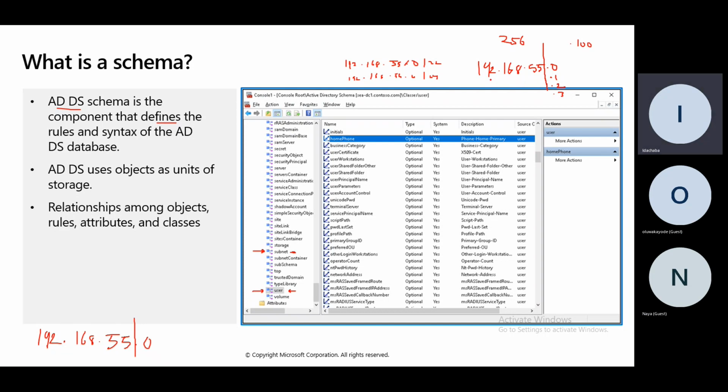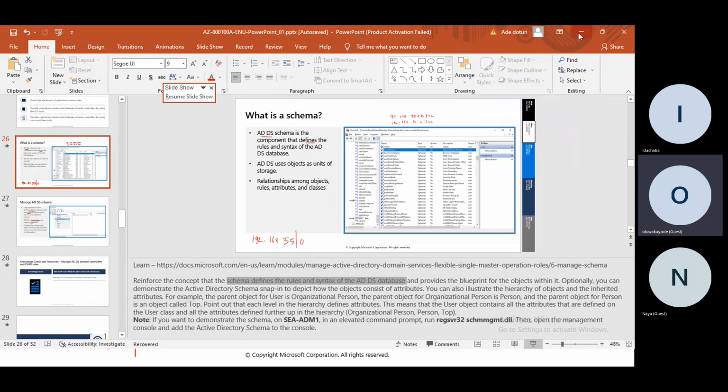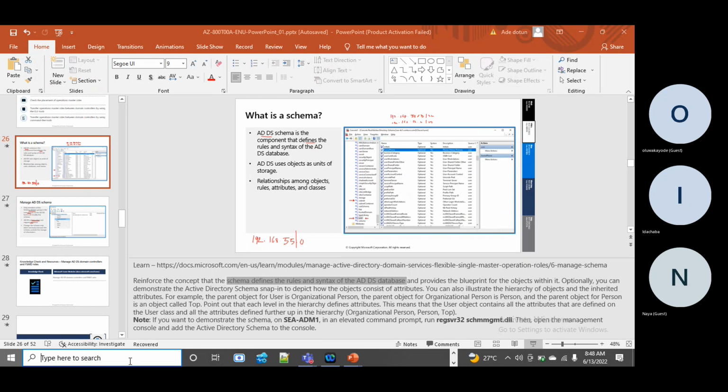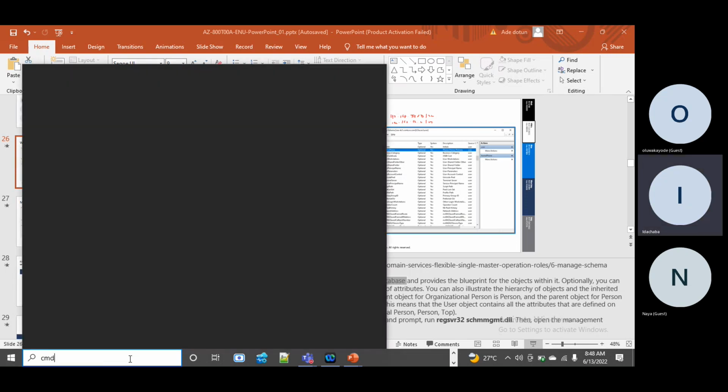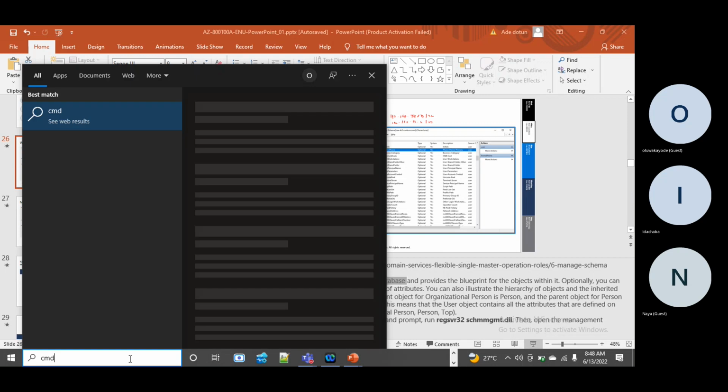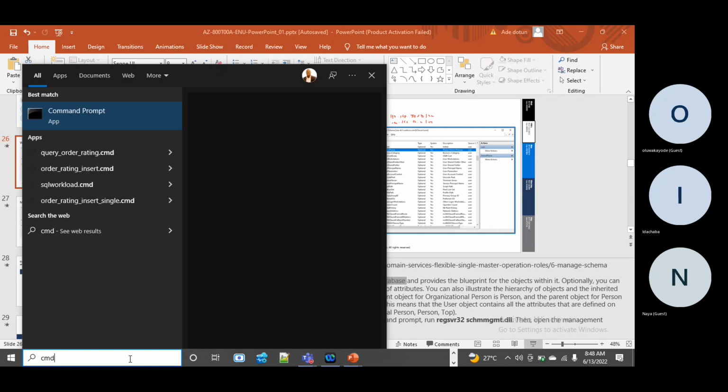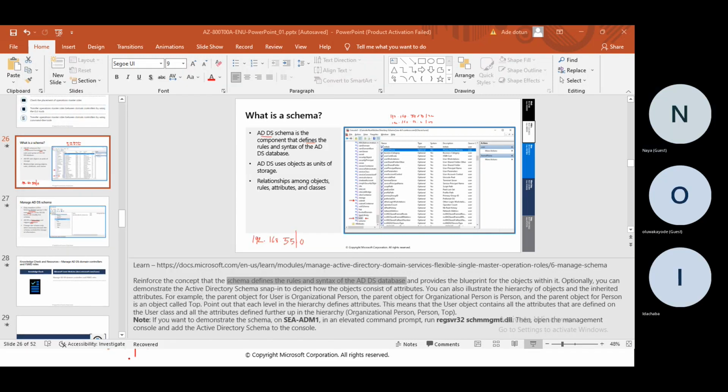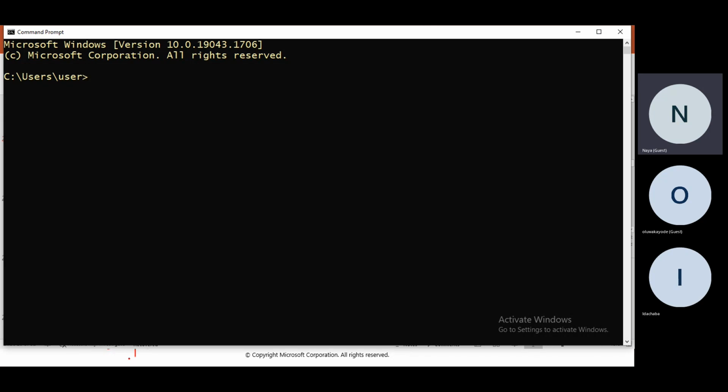For example, if I go now and I say window, I say CMD, I hope you can see my screen.